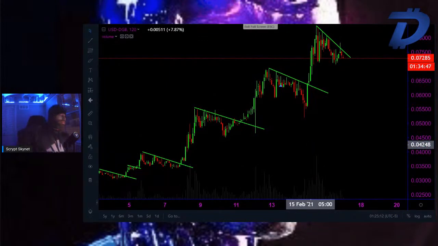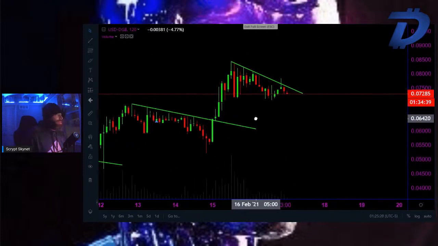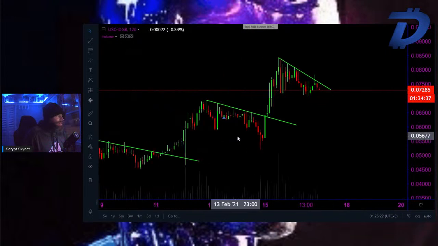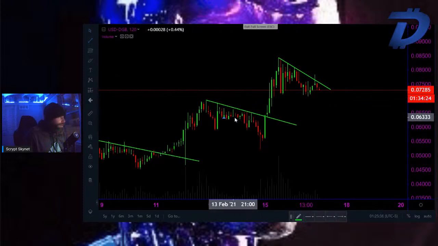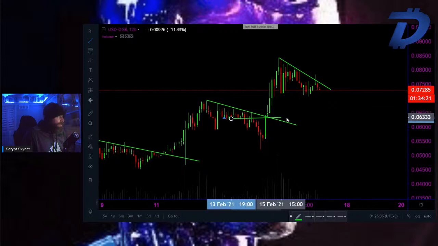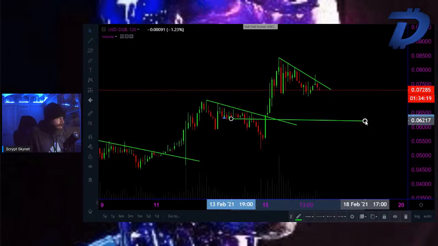So this is really cool, and let's see what happens. But again, if this breaks down, it's going to break down through that bullish 6 and go to the blue, the 3 blue, which is all this right here. So the 3 blue would be right here. I don't know if that's straight, but that's if it breaks through.